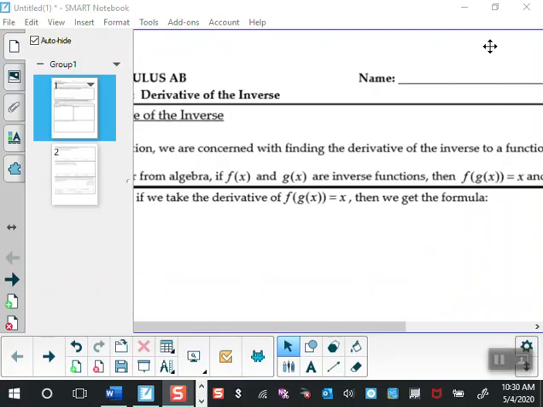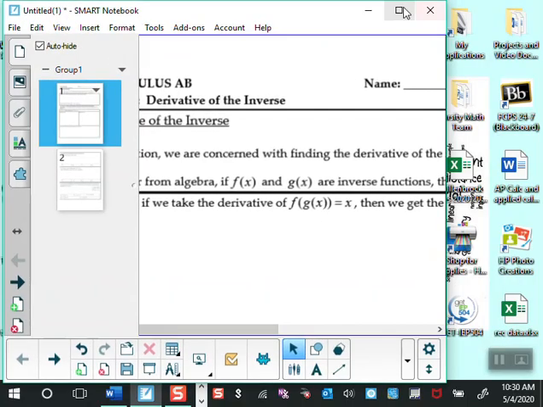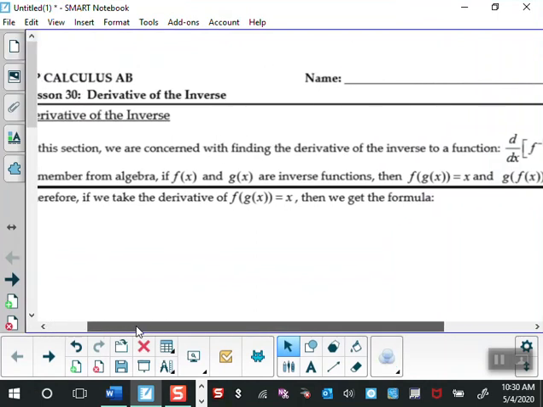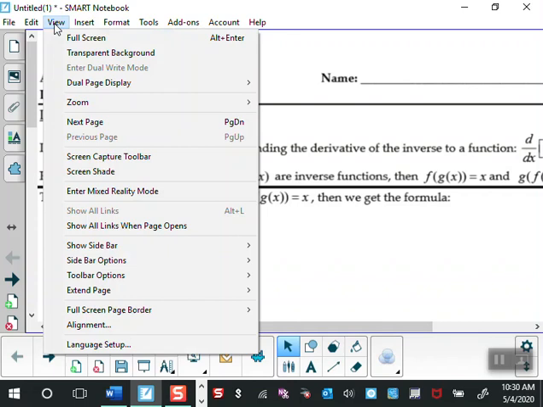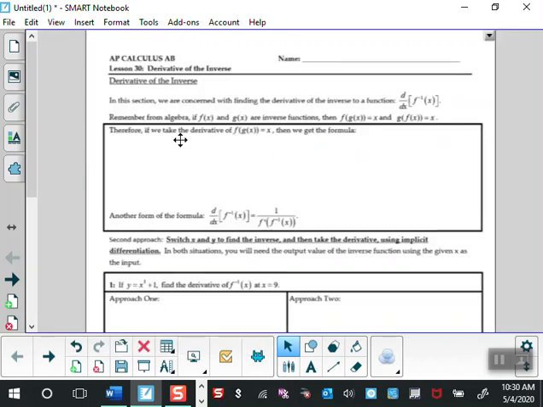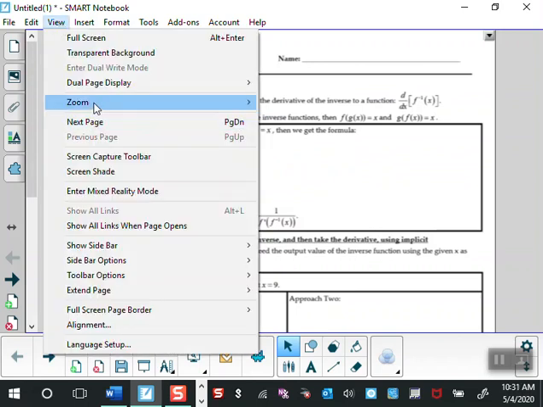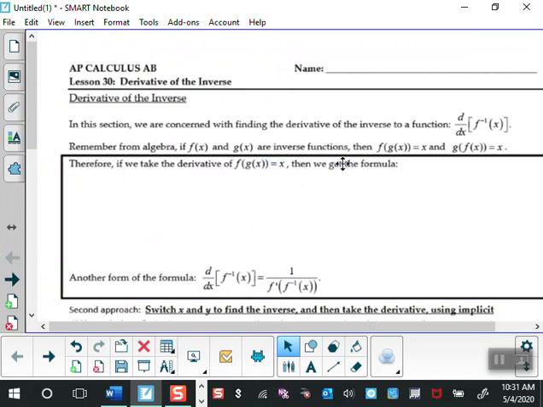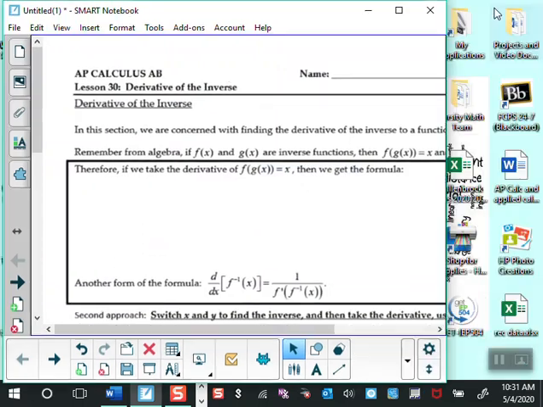So let me see if I can pop over. Hopefully you're looking at this right now. See if we can unzoom it. I don't like that. Alright. Nope.